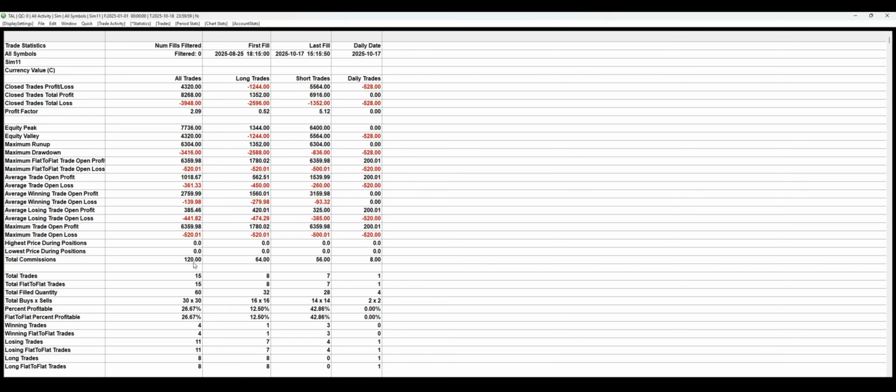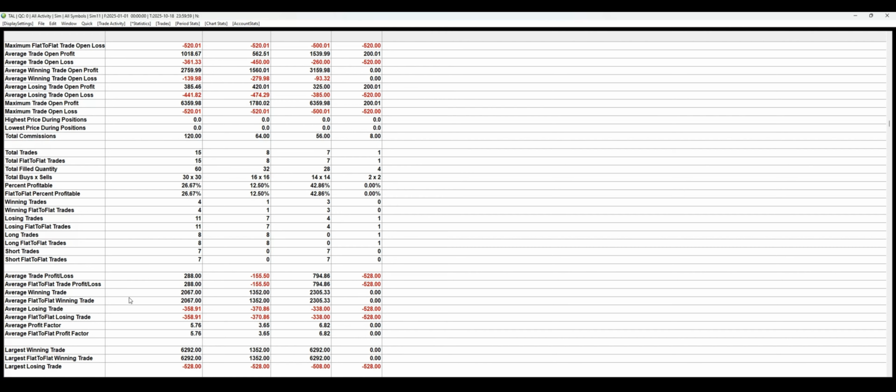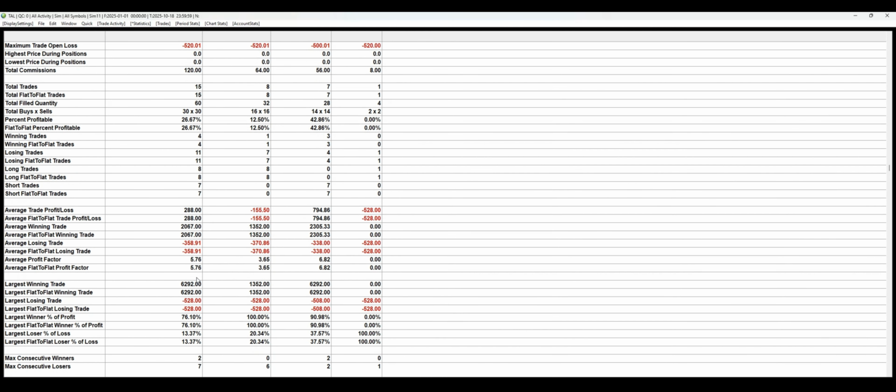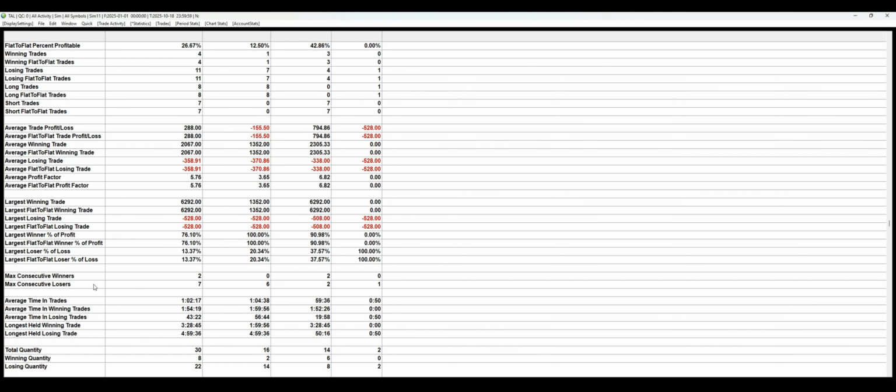We paid 120 in commission. We took 15 trades. We're roughly 27% profitable. What else do we see? Our average profit factor is roughly 6, so there's potentially some even further down sampling that we could do. This is our average time in trades of roughly an hour.